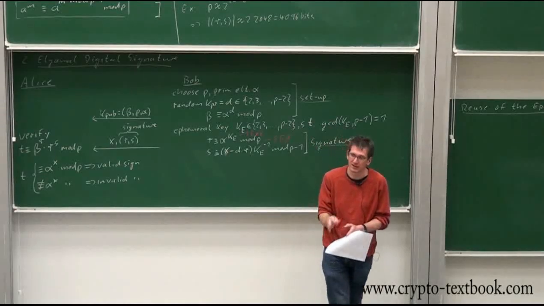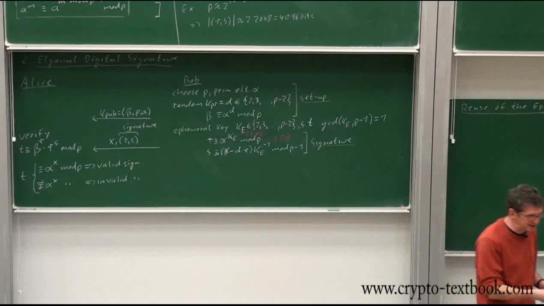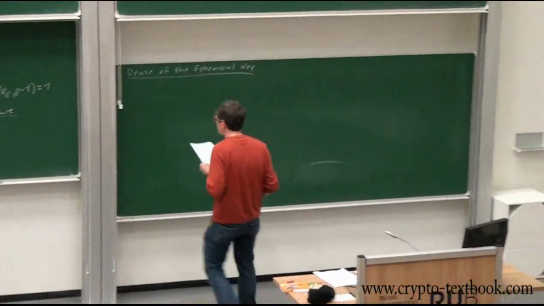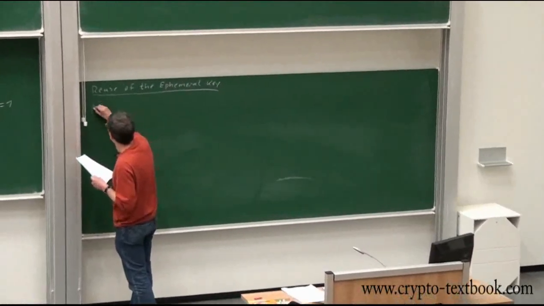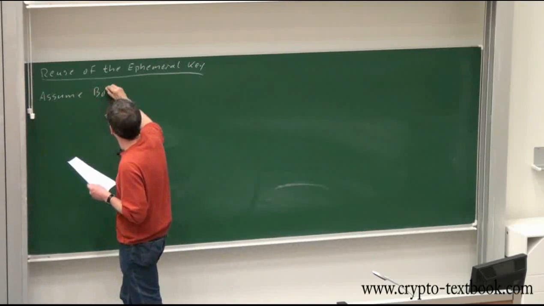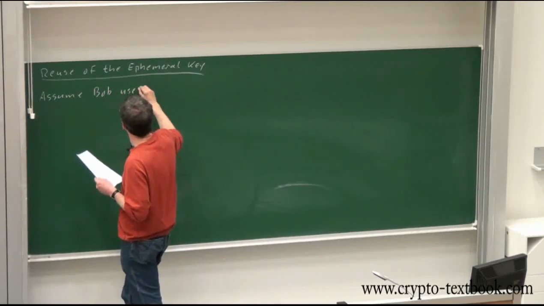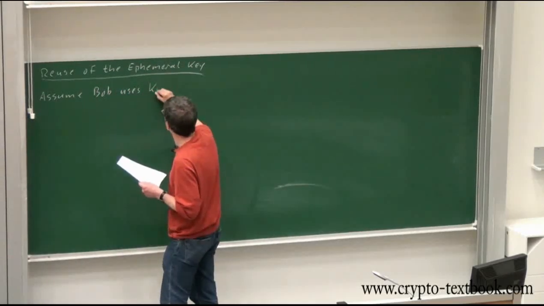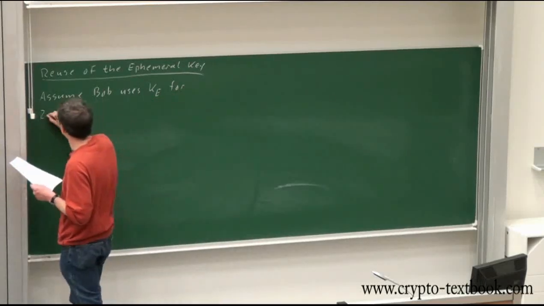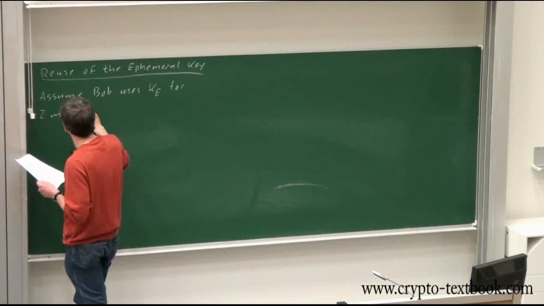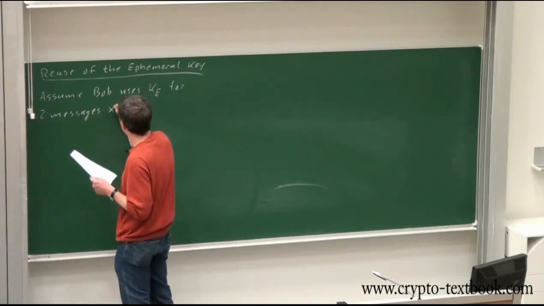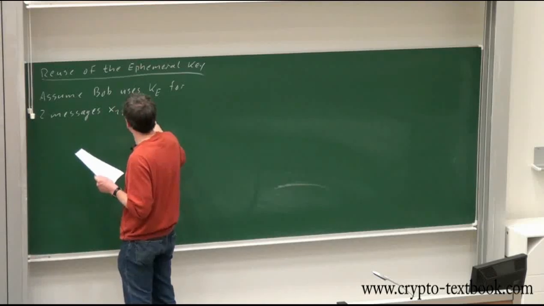Don't do that. Okay? The ephemeral key, this temporary key, really must be unique to every message. So assume Bob uses KE for two messages x1 and x2.